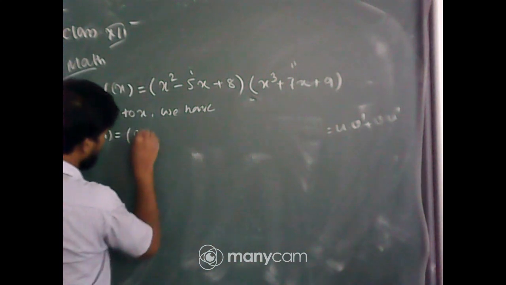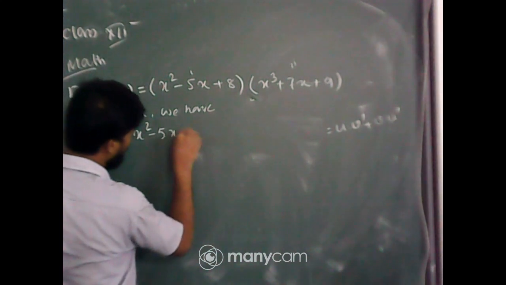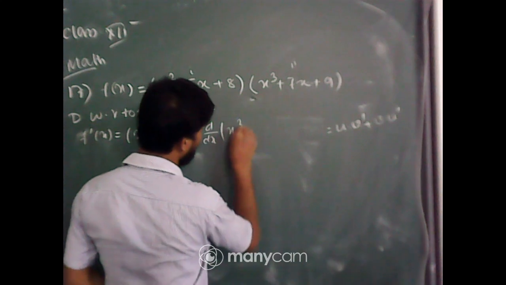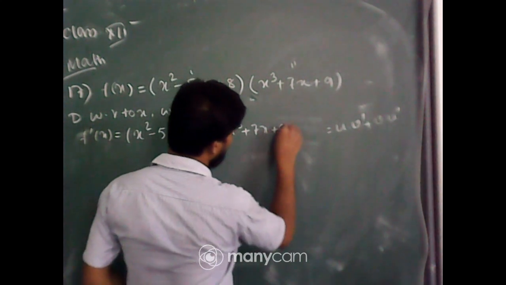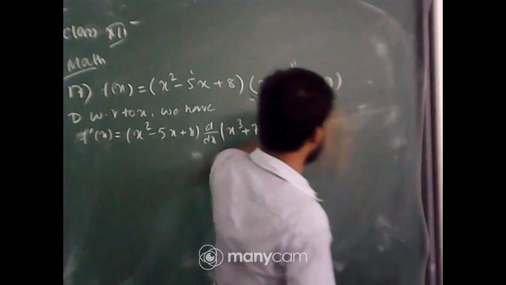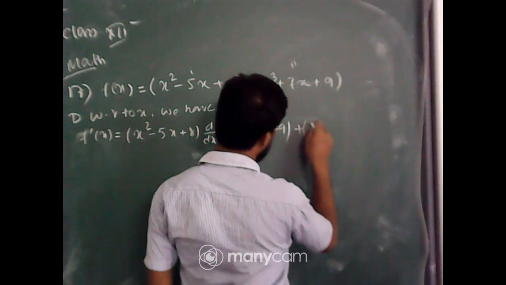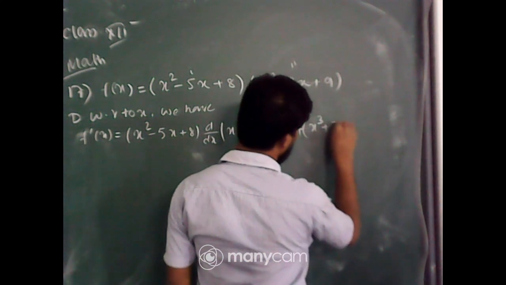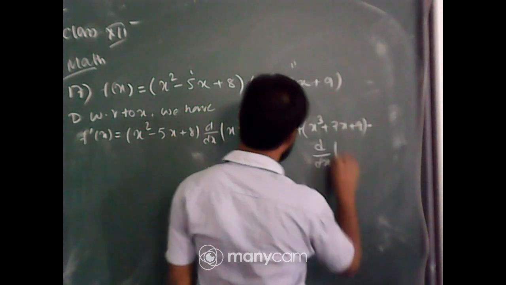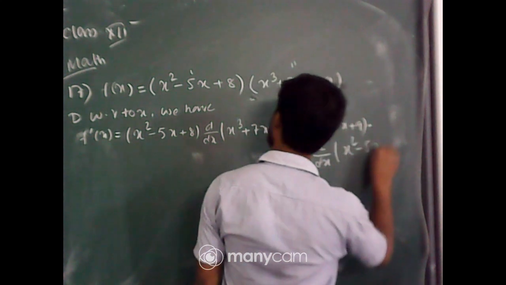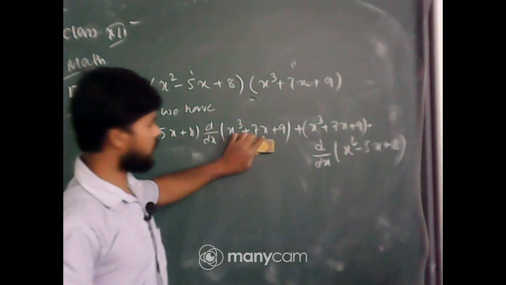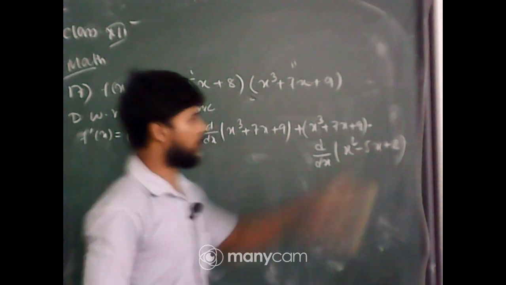So first function is x square minus 5x plus 8 into derivative of second function, which is x cube plus 7x plus 9, plus now second function kept fixed, that is x cube plus 7x plus 9 into derivative of the first function, which is x square minus 5x plus 8.